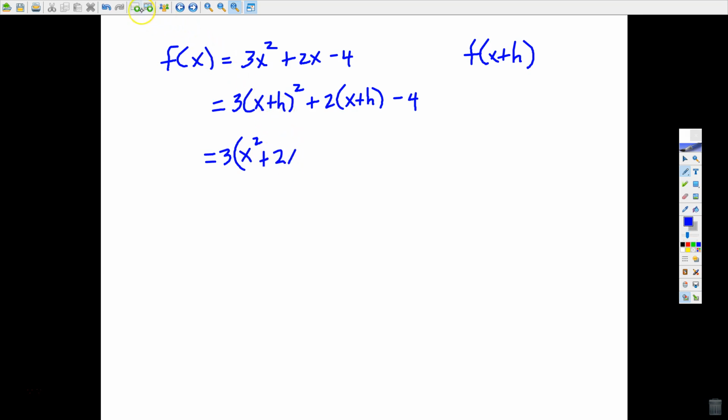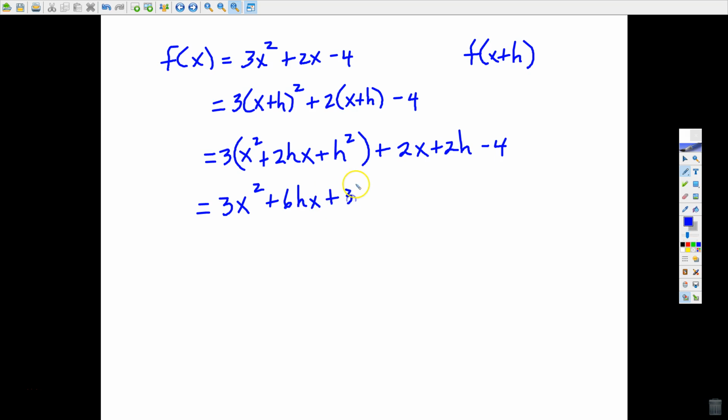2, we'll do hx, alphabetical. And then what's the last one? Square h. All right. And Kimber, we distribute here and we get good. All right, so Allie, distribute the 3. Okay, and we'll clean all this up.